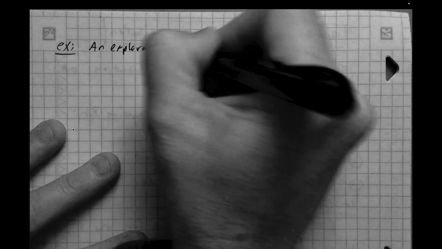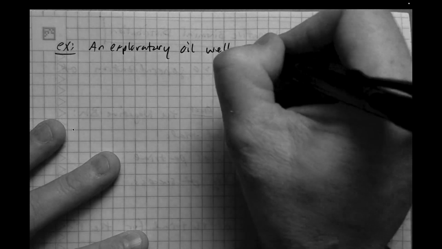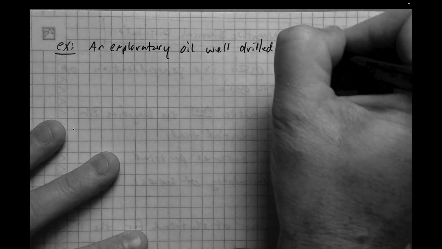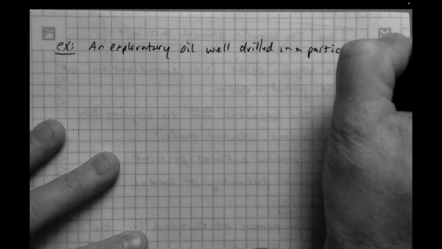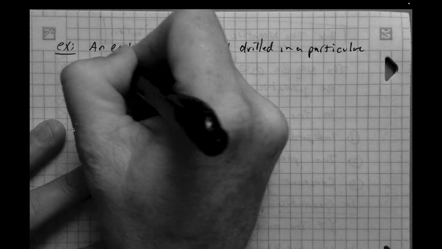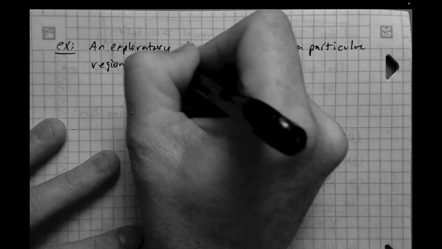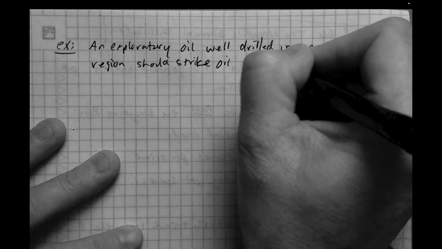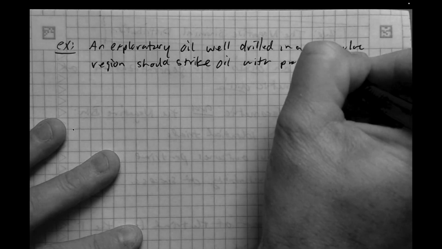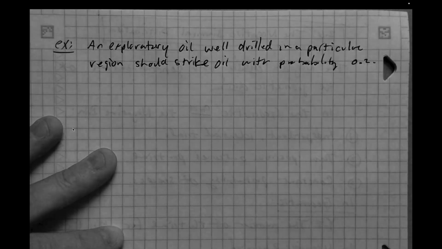An exploratory oil well drilled in a particular region should strike oil with probability 0.2. It's like a 20% chance of striking oil.